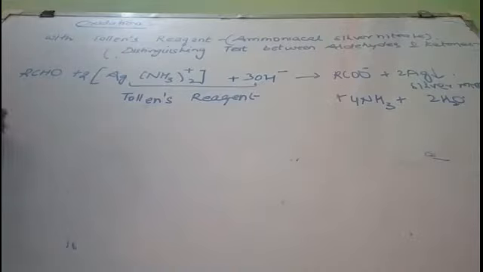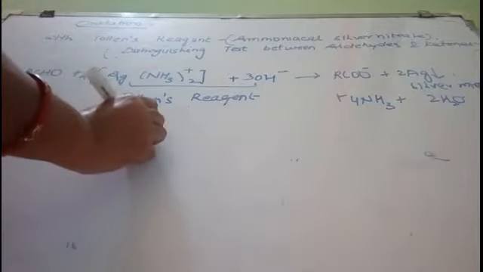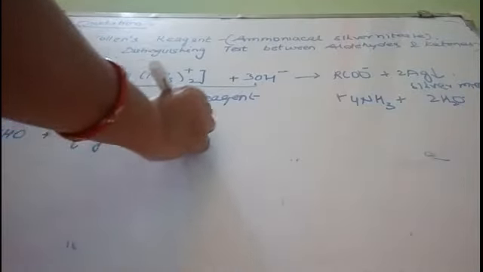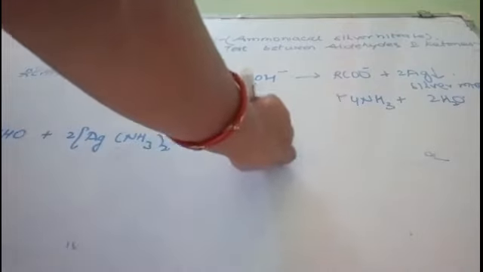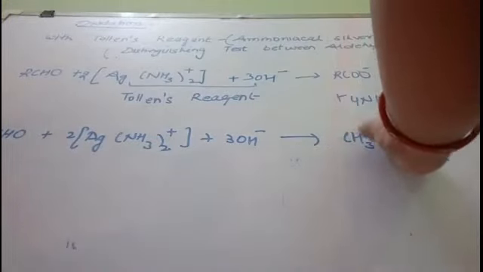Suppose you have ethanal here. When it is treated with Tollens reagent, it will give you ethanoate ion.